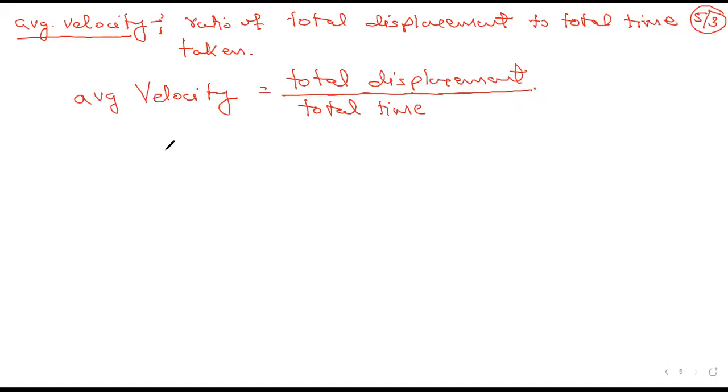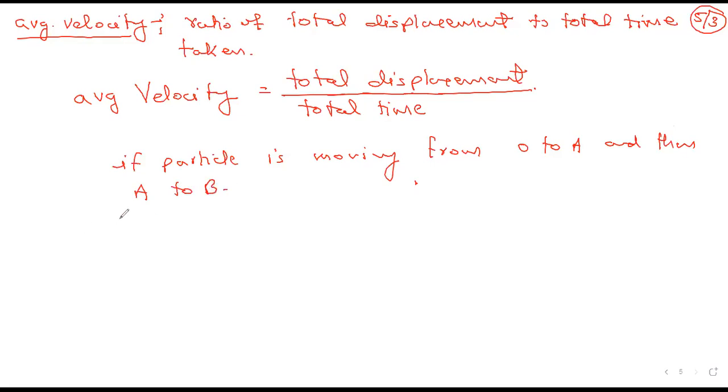Now total displacement upon total time. If a particle is moving from O to A and then A to B, suppose again the same origin, this is O, O to A and then A to B. How much it has traveled from O to A is x1. How much traveled from A to B is x2.